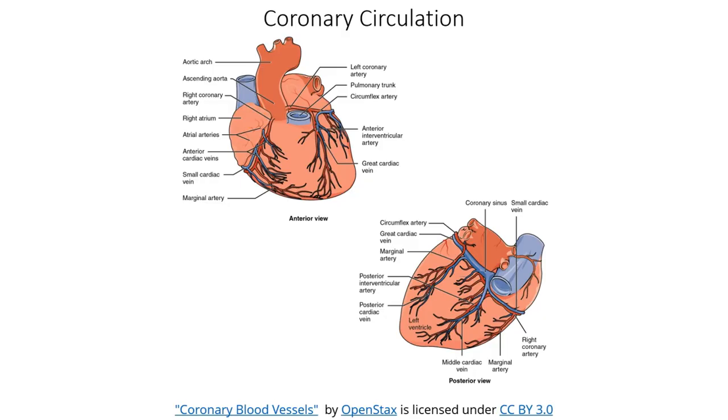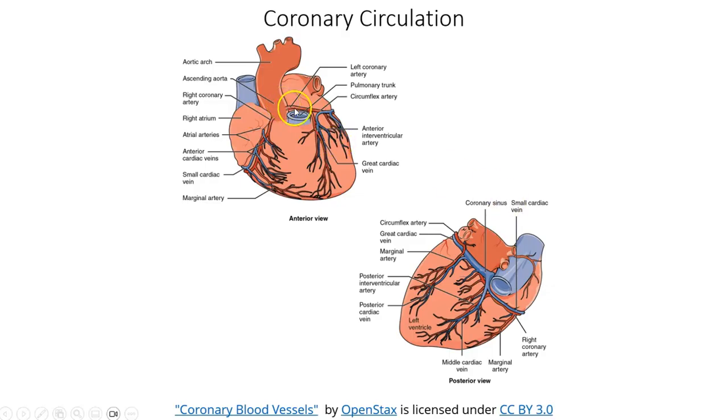They are actually going to have arteries and veins feeding them just like any other area of the body, and so you can see some of these vessels branch off of that aorta to take blood out to the actual cells of the heart, and then they will tie back in here to the inferior vena cava on the posterior side of the heart.